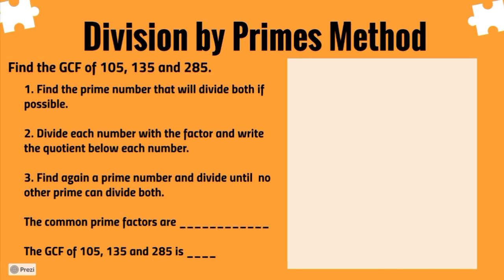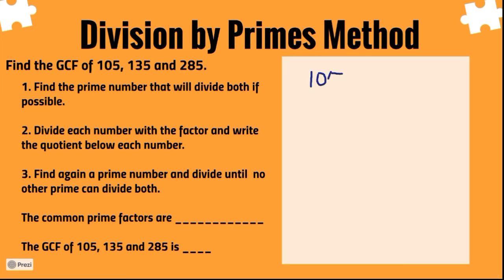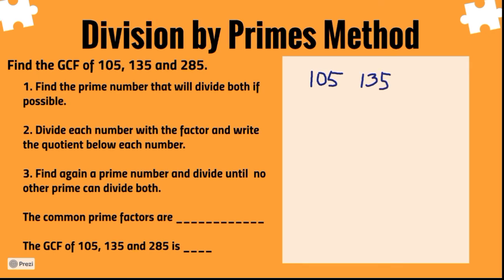Find the GCF of 105, 135, and 285 using division by primes method. So, 105, 135, and 285. So, let's divide these three numbers by 5.